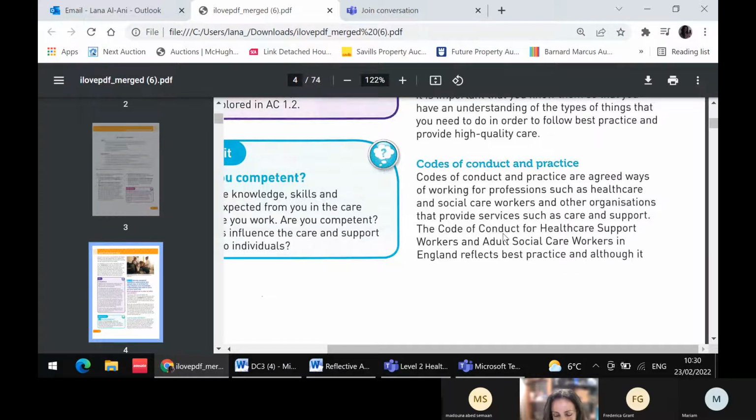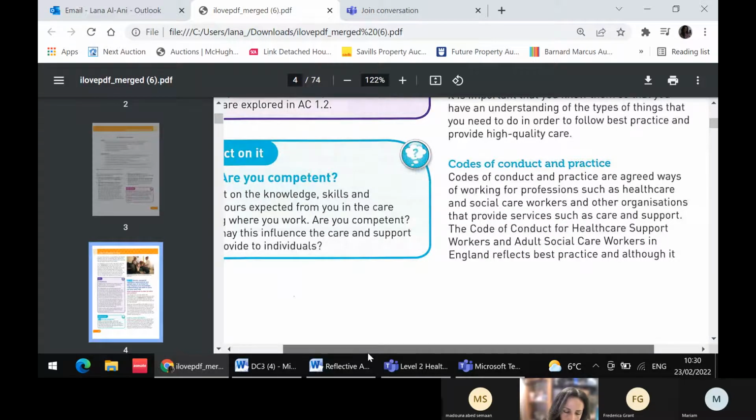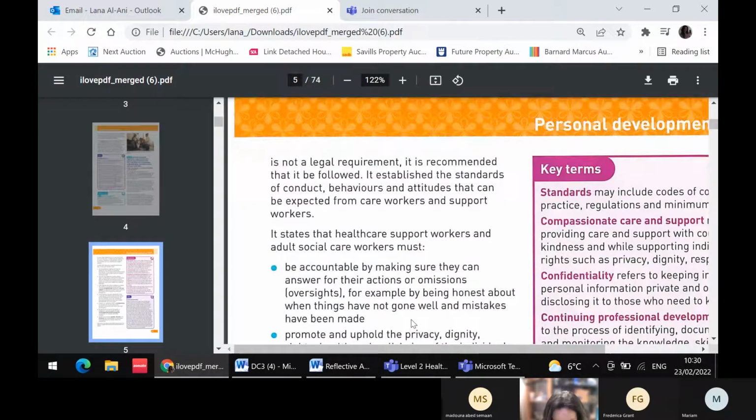The code of conduct for healthcare support workers and adult social care workers in England reflects best practice and is not a legal requirement. However, we follow these standards in our work, and also in our behavior and our attitude. So it's very important to follow the code of practice.